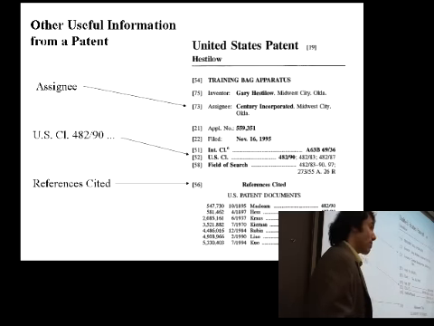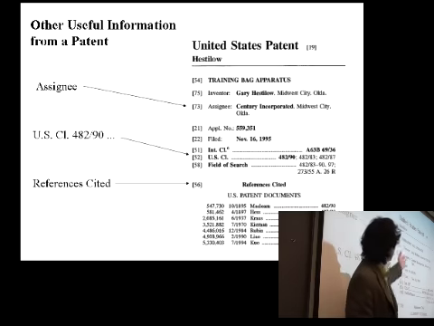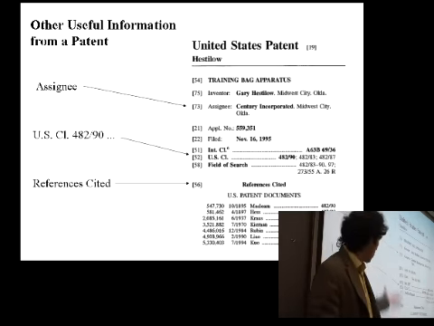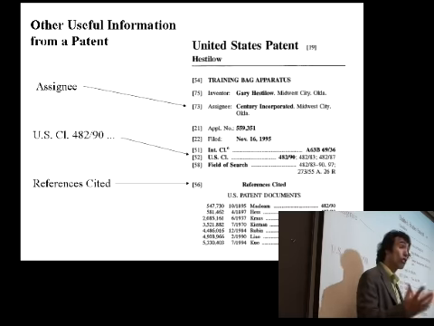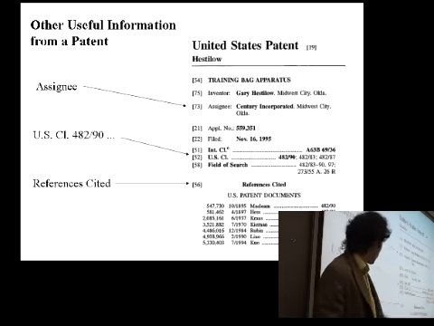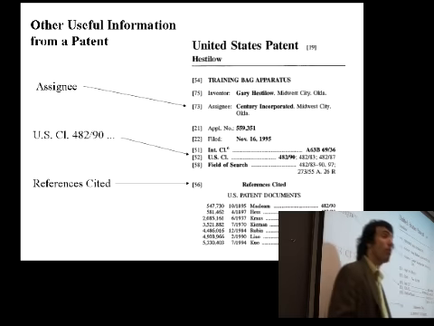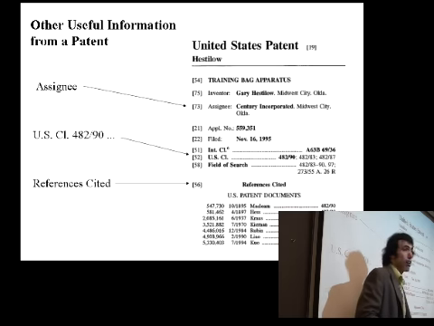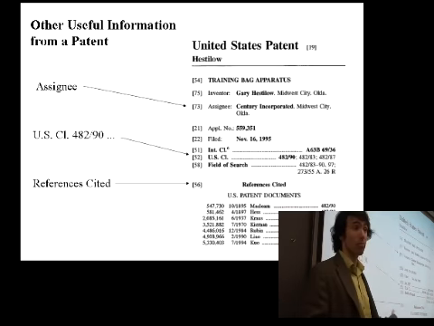Another cool thing is this references cited. What this means is that when this patent was being processed through the Patent Office, the Patent Office themselves did their own search, and they came up with these. And these are other patents that might be relevant. Now, when you're doing this online, all these patents are hyperlinks, so you can just click on them and read them.